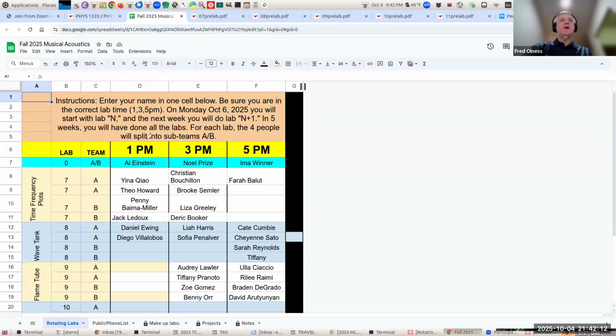In week one, these people will start on the time frequency plots, and these people will start on the wave tank. Then next week, on the second time around, you shift down one. And after 5 weeks, everyone will have done all of the labs.